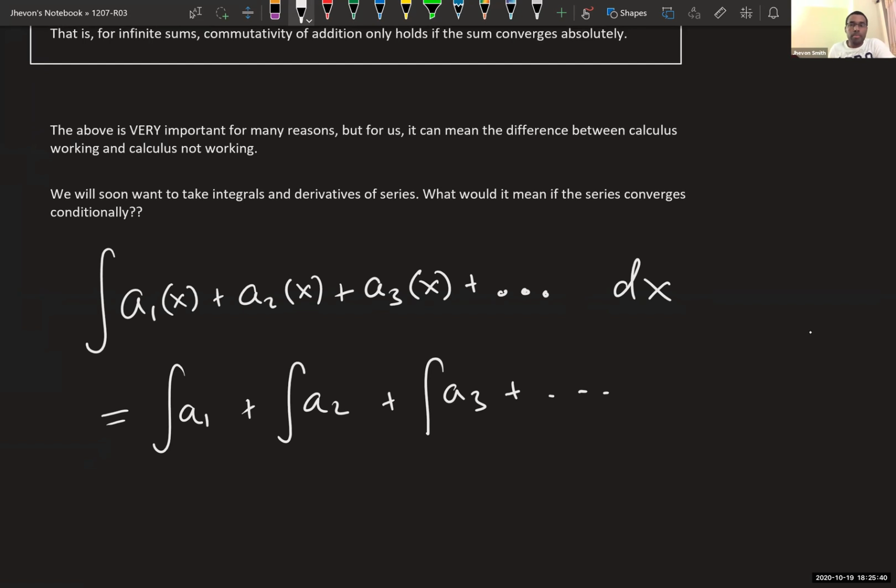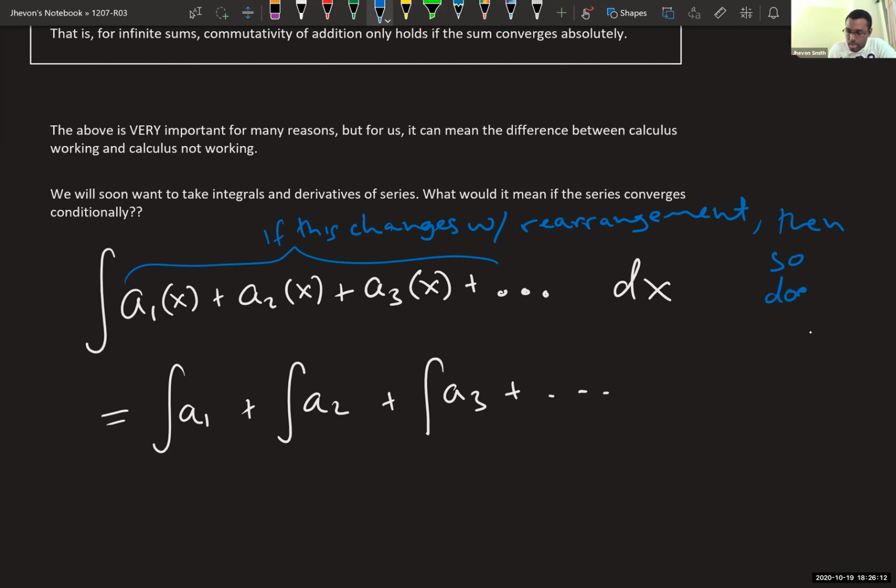Now, here's the problem. If I can rearrange the terms of the sum and get a different answer, it means that my integral will never agree with itself, right? If we can rearrange this, if this changes with rearrangement, then so does this.